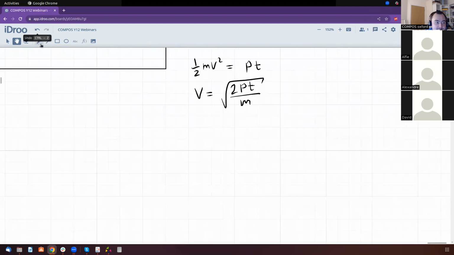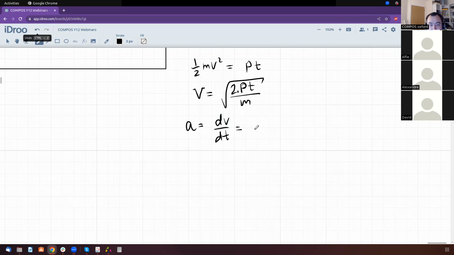No, we need the acceleration. So we found velocity as a function of time. And acceleration is the derivative with respect to time.